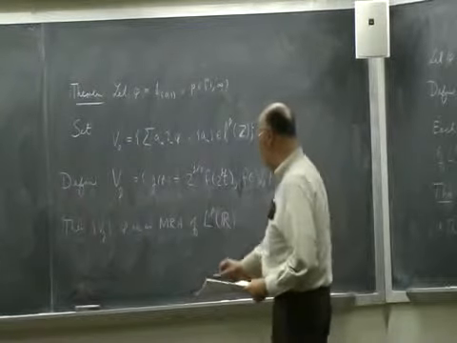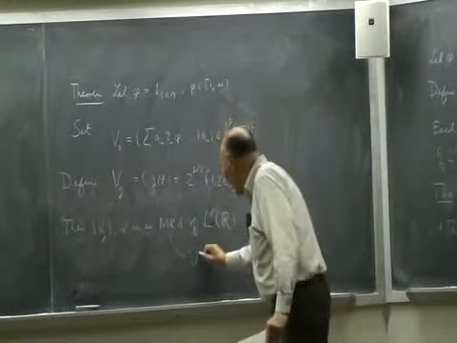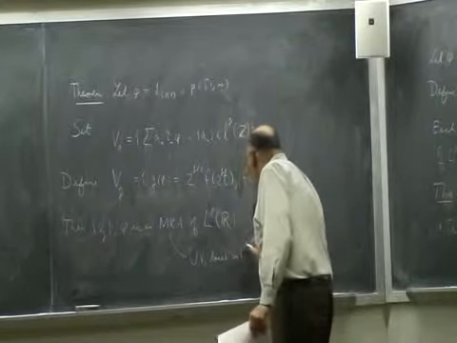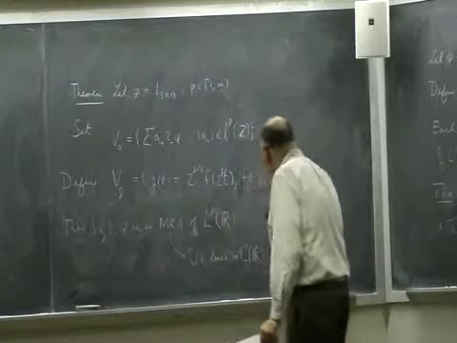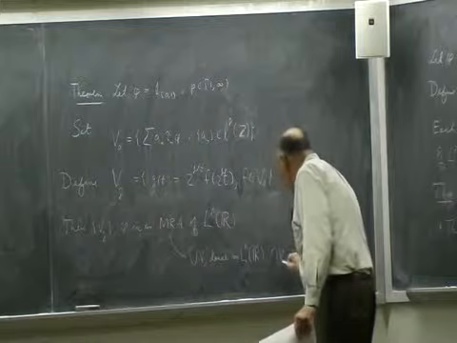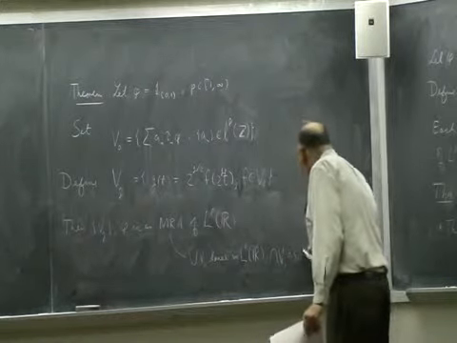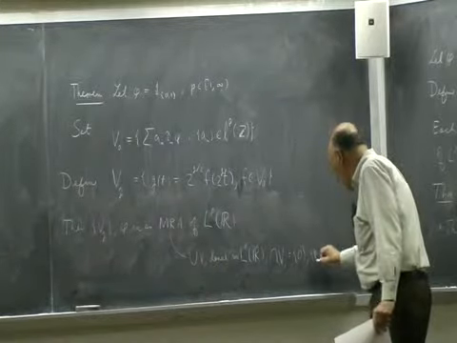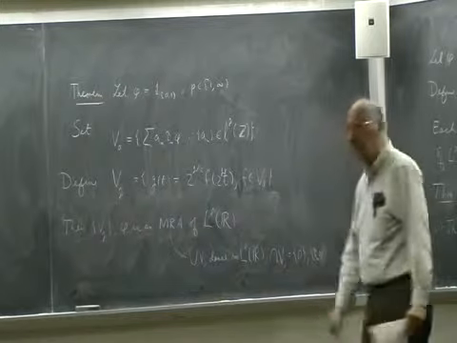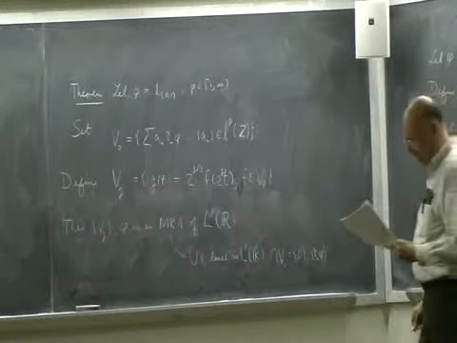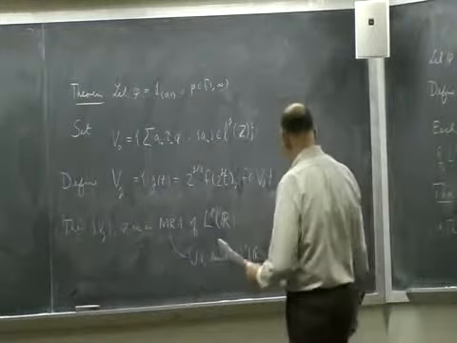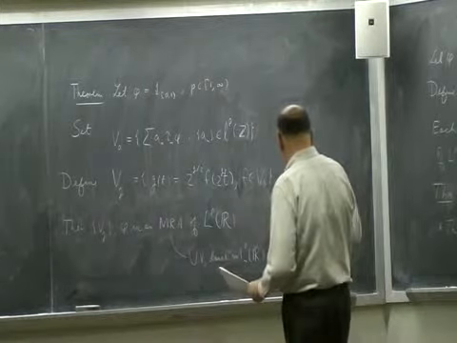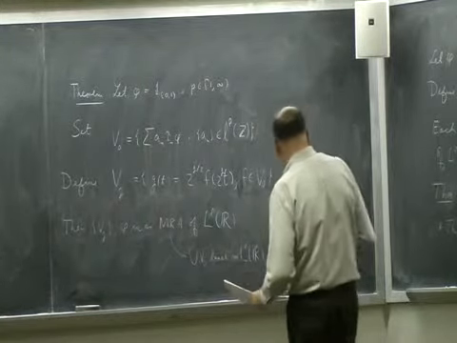And so the union of the Vj's is dense in L^p of R, the intersection of the Vj's equals 0. And the translates of phi are a bounded unconditional basis for V0 as a closed space of L^p.